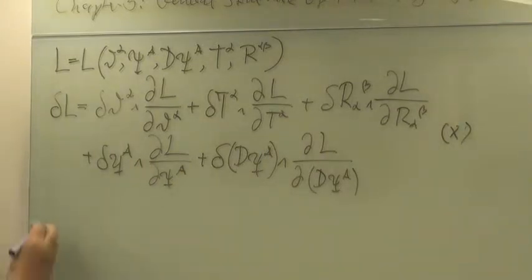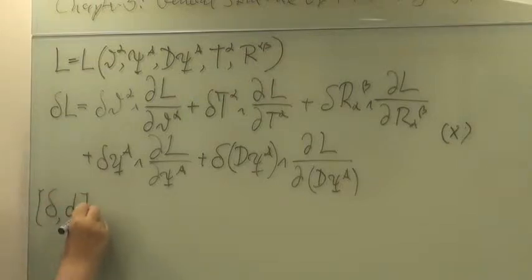Now, the variation and the exterior derivative commute. This is just ordinary variational formalism.